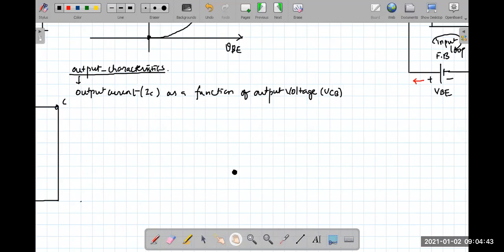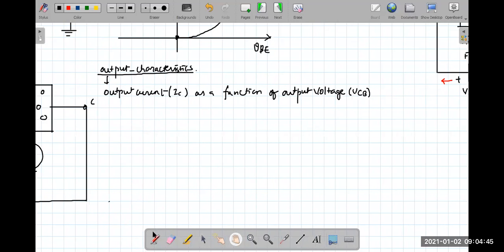Now, at a fixed input current, that means I_E is equal to constant, we first fix the input current, the emitter current, then we comment on the output current, the output characteristics.